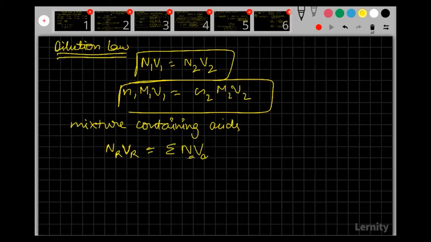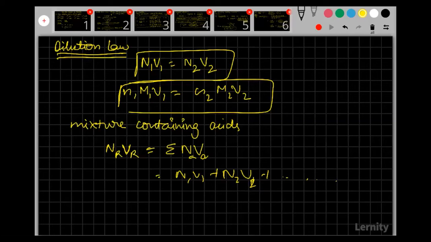If it's fully acids, I keep on adding: N1V1 plus N2V2 and so on, for however many components we have. This is the formula we use to calculate the normality of a mixture containing solely acids or solely bases.